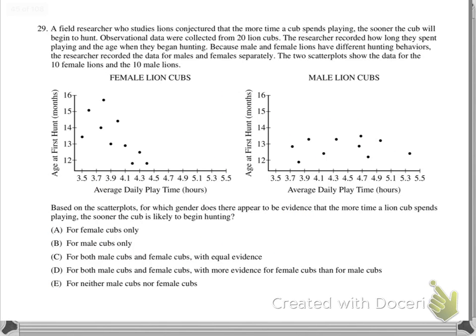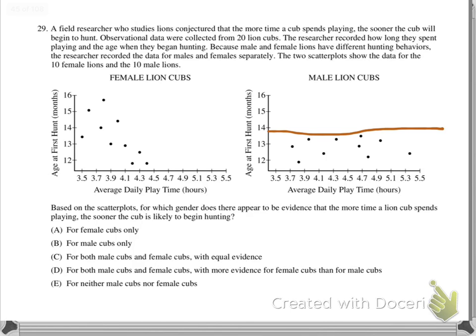Okay, so this is interesting, that the sooner a cub is likely to play, the more time a cub plays, the more likely he's going to start to hunt. Okay, let's look here at the male data. Do you see that it doesn't really seem to make a difference?